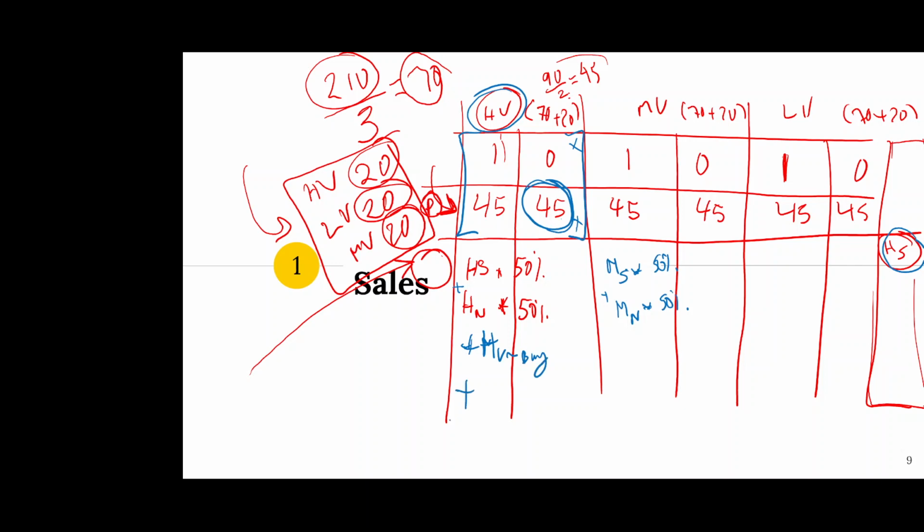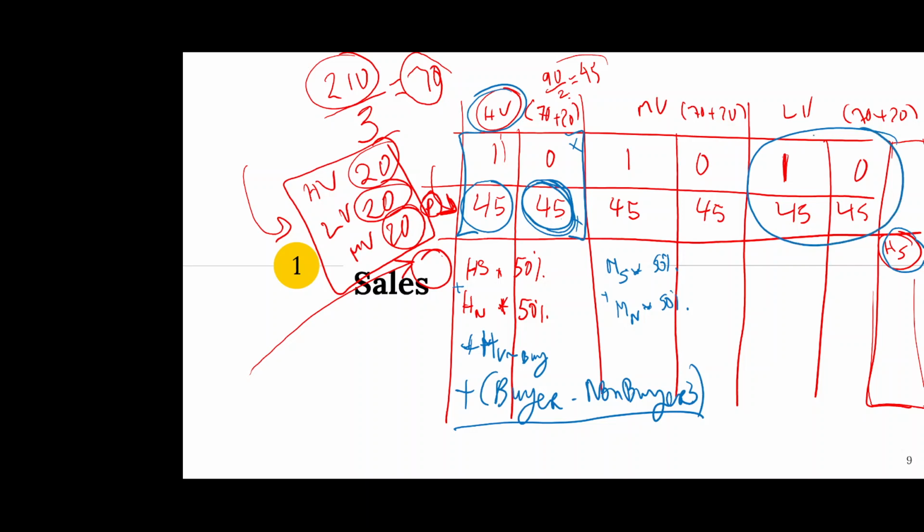And then the last thing to do is to find out the difference between these guys and these guys. So basically the difference between the buyers here minus the non-buyers. This step, you won't understand it unless we start here. If I started my computation here, you will understand it. Over here in the high valuation, this will always yield 0.